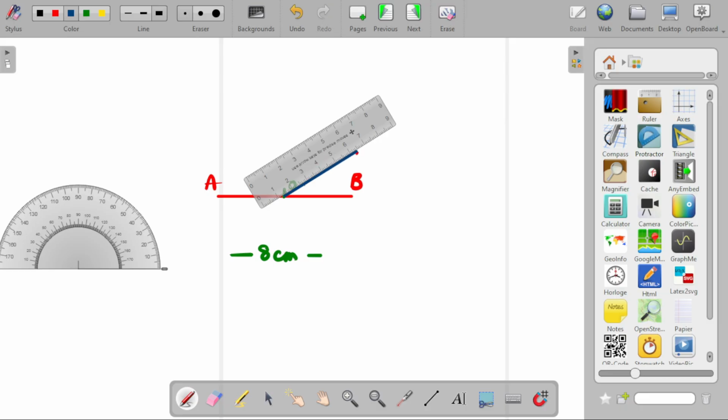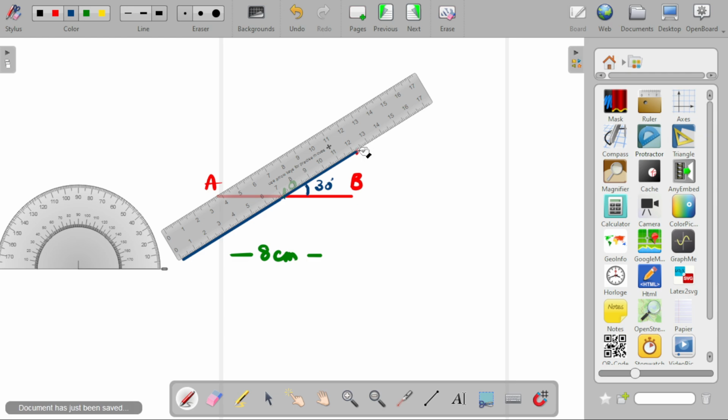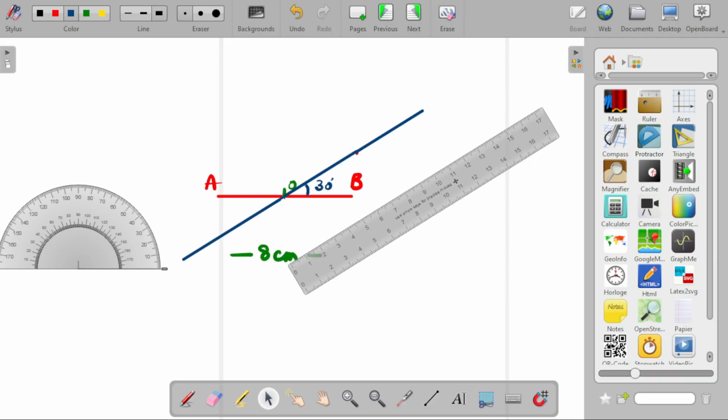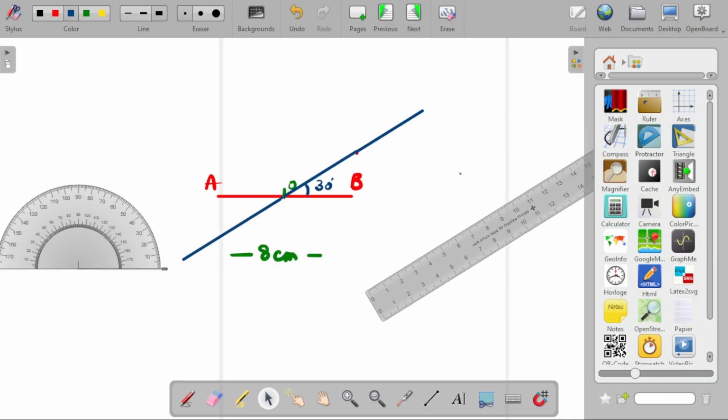And we will draw an angle of 30 degrees. We will extend it on both the sides. Extend the line on both the sides.